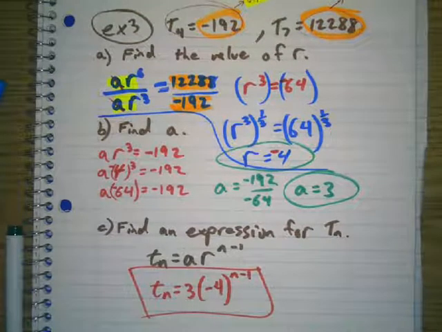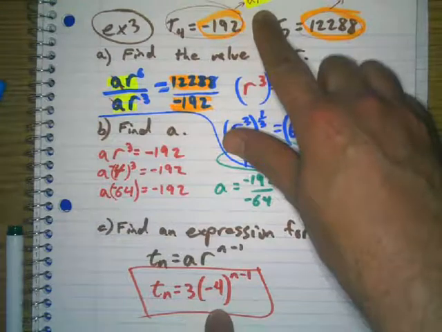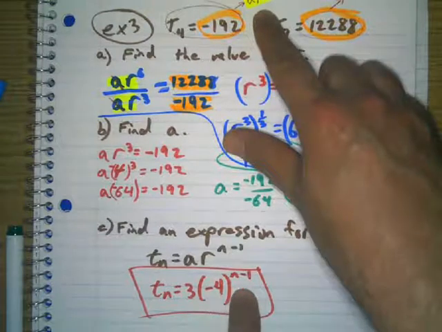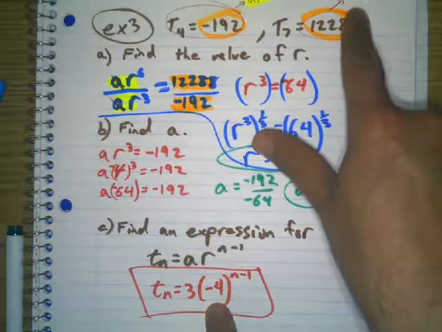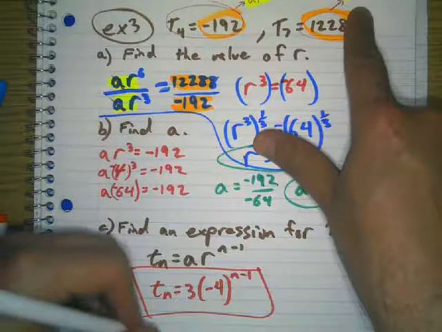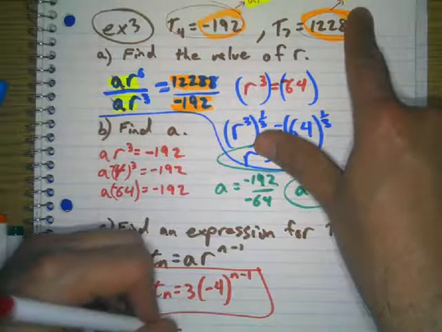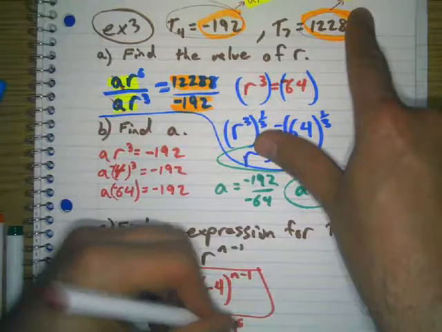Now let's see if this really works. 3 times negative 4 to the third power should give us negative 192. And let's see. T sub 7 should be 3 times negative 4 to the 6th power, right?